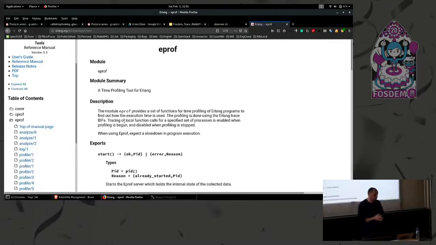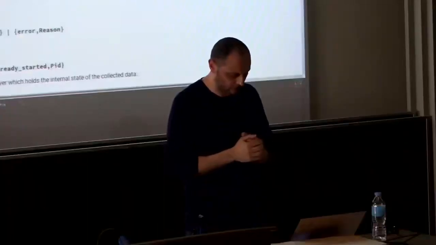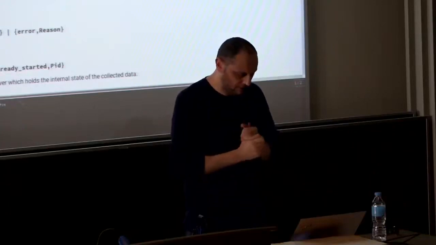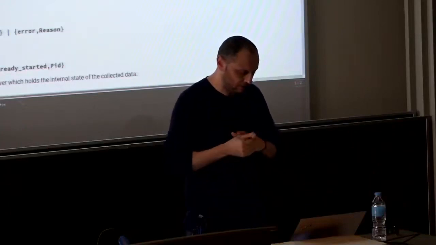In this case it was the garbage collector, because the garbage collector was inside the function for some reason, and we decided to call it every, I don't know, X number of reductions.